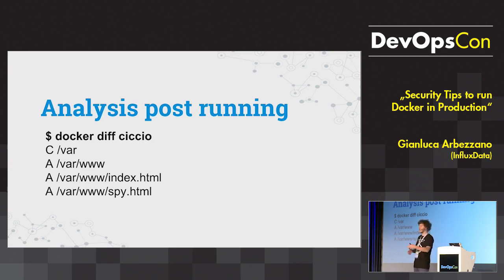Docker diff is going to tell you which files or directories changed. In my example, I took the Alpine image, and I wrote 2 files, one is index, and one is spy. The output is pretty simple. The var directory changed because I created a new www with 2 new files. It means that if you think that your container is compromised by code injection, you can analyze your container in this way.